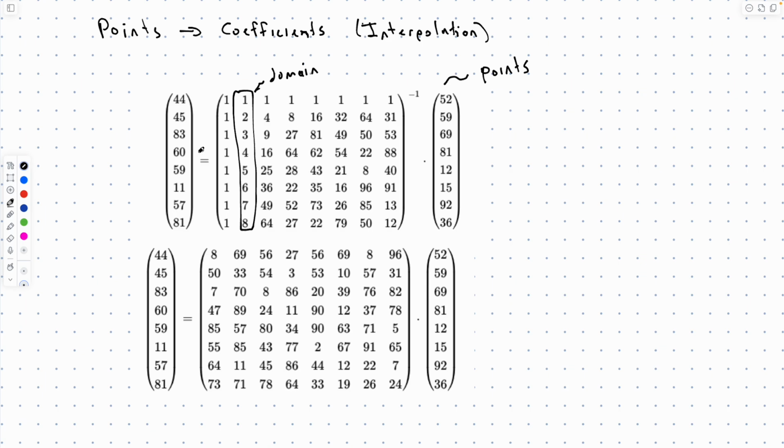Normally I wouldn't know what these values are, but I'm going to do the math here, and then solve for the set of coefficients. The algorithm is exactly the same. The only difference is the matrix itself changes. So the complexity of this algorithm is also going to be d squared. It's the same algorithm, just a matrix multiplication.